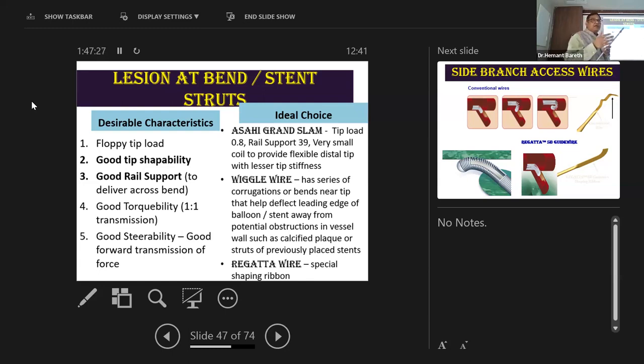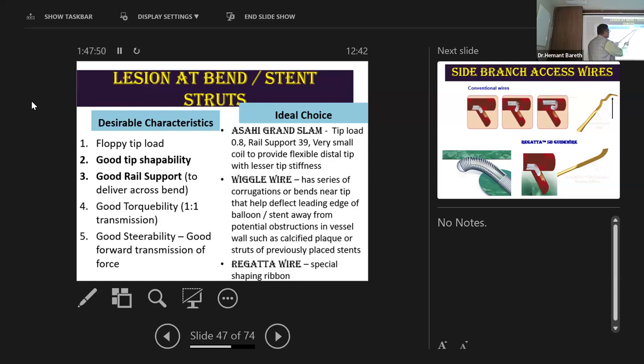Again and again, it will go here and there. So you have to make a proper shape, and you have to have a wire with good support and obviously with good torqueability. Because once you enter the vessel, the wire should again transmit your force and go further into the side branch. So good torqueability, good steerability and pushability. All these characteristics are required.